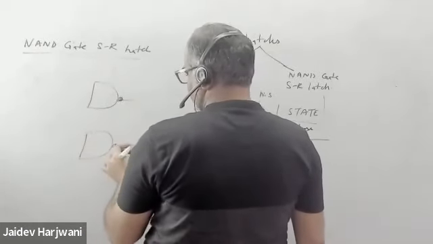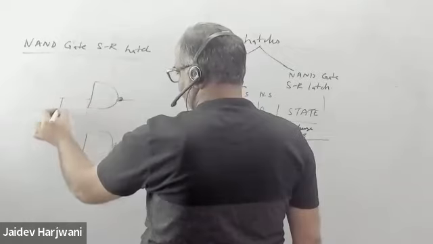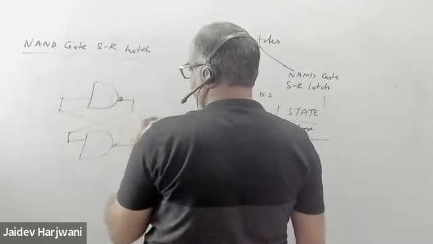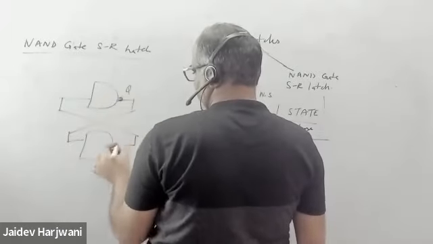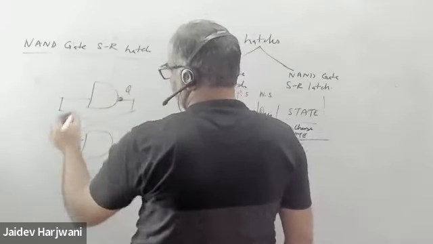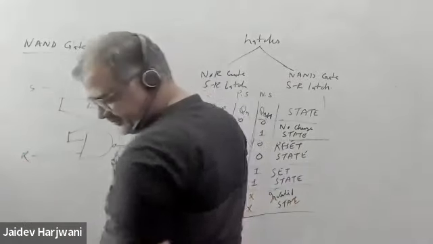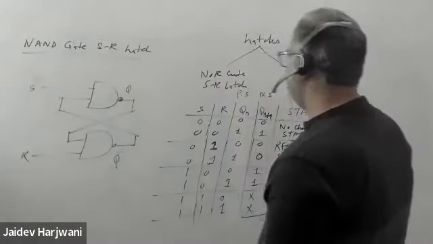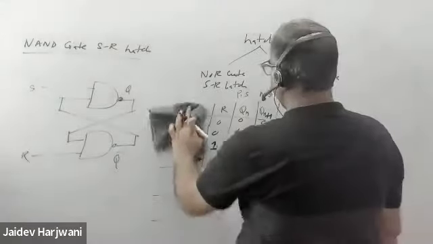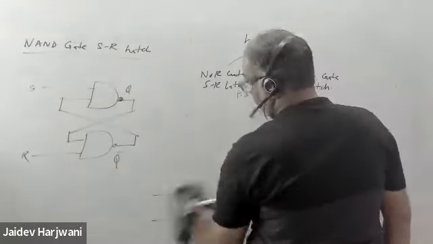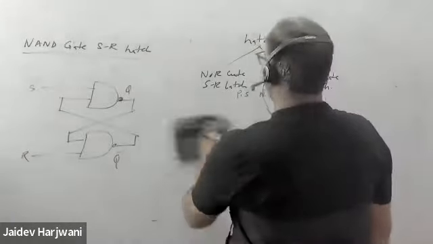The output of one is going to the other, the output of this is going here. So this is your Q, this is your Q bar. Here I'm putting my inputs, say this is my S, say this is my R. Now let us see what happens for the NAND gate SR latch.